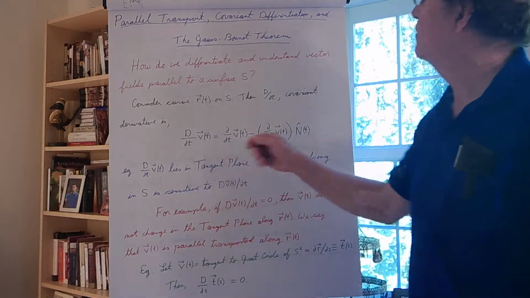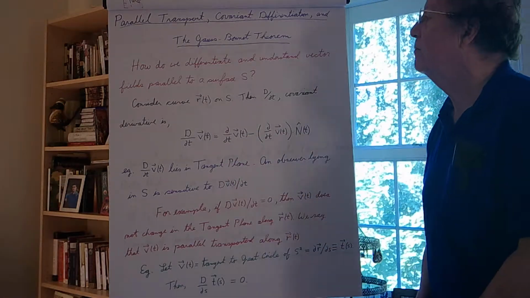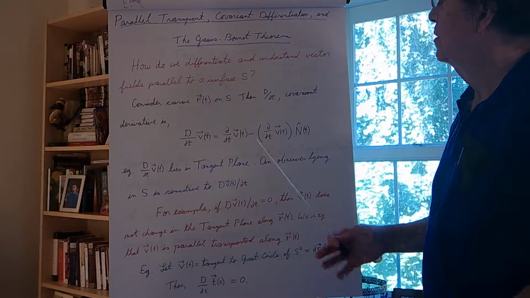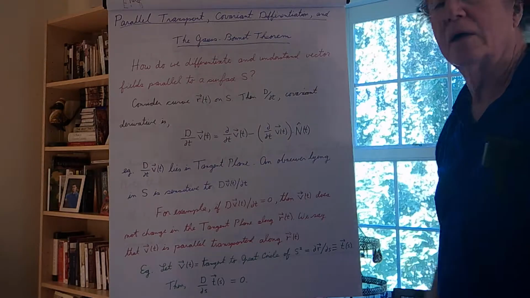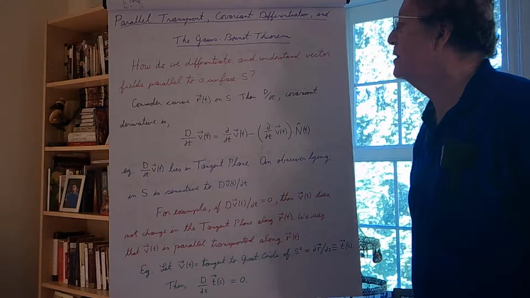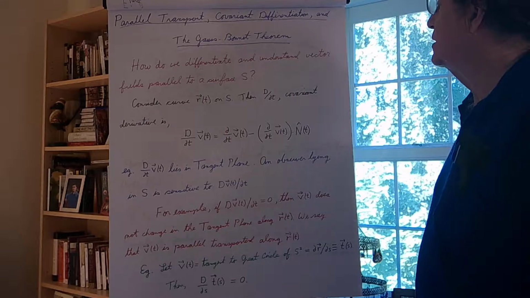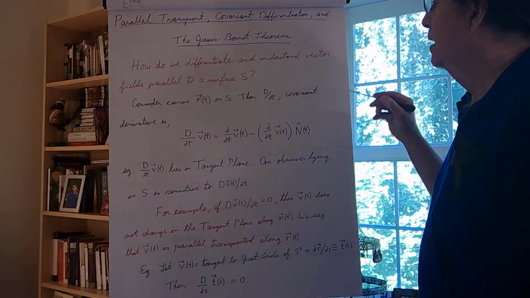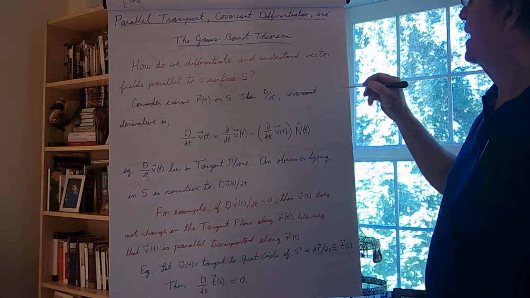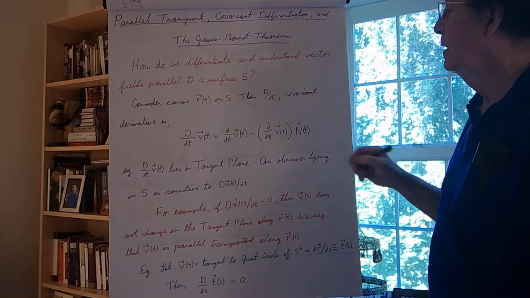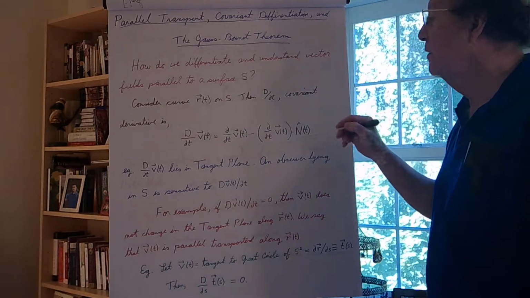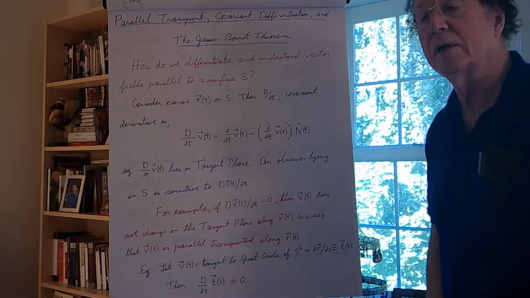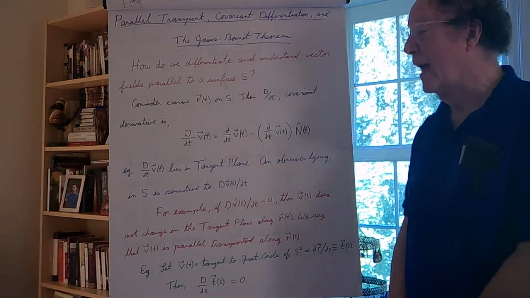So let's remember, how do we differentiate and understand vector fields that are parallel to a surface? We begin by putting a curve on the surface to give us a sense of position and direction. Then the covariant derivative, indicated with this capital D, is just the ordinary derivative along the curve projected onto the tangent plane.